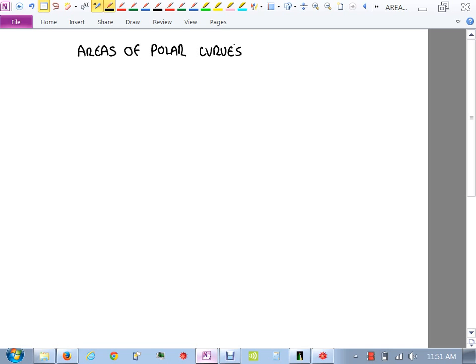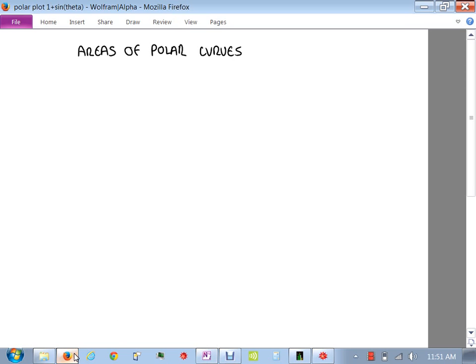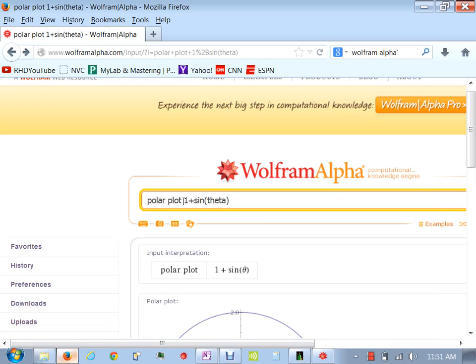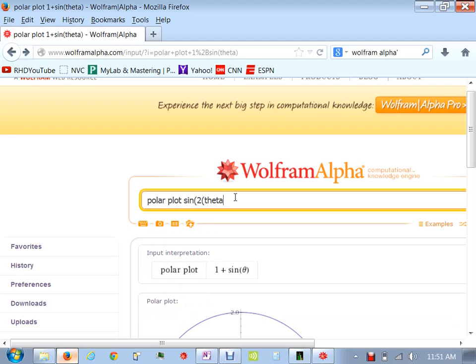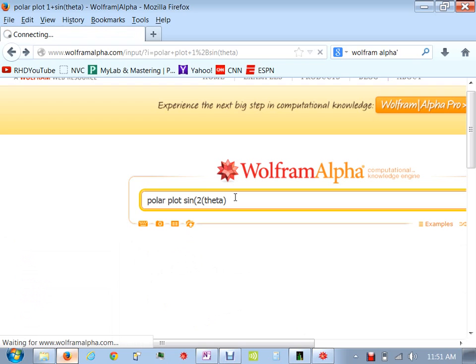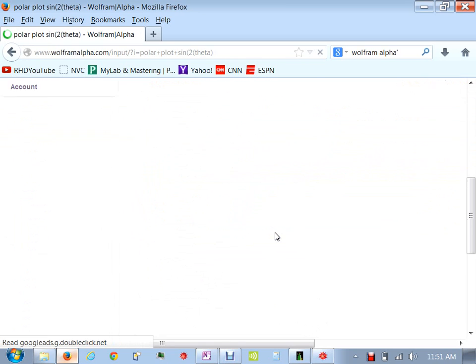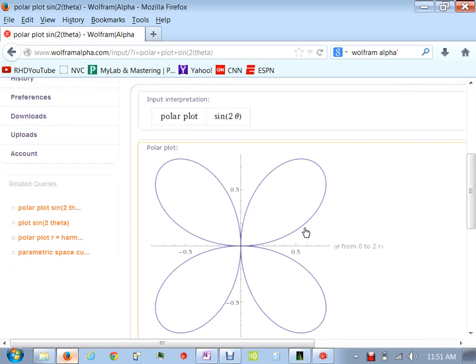Right, we would maybe want to know what the area of one of those or all of them are. So let's look at one first and then we'll go after it. How about we do sine 2 theta? There we go.